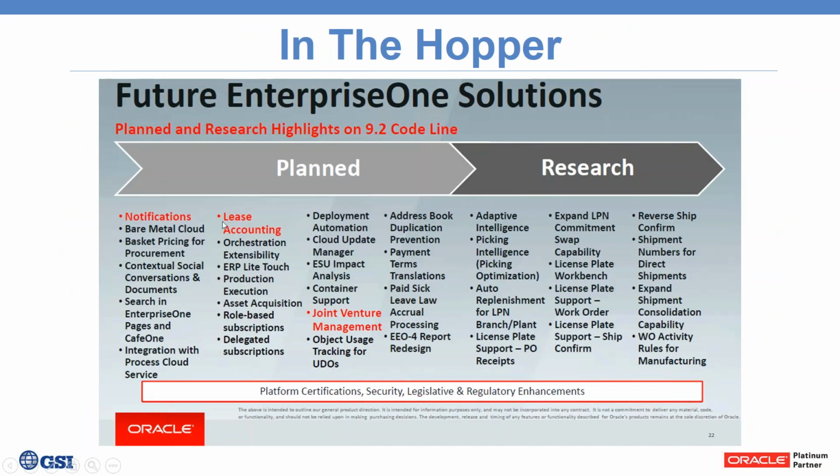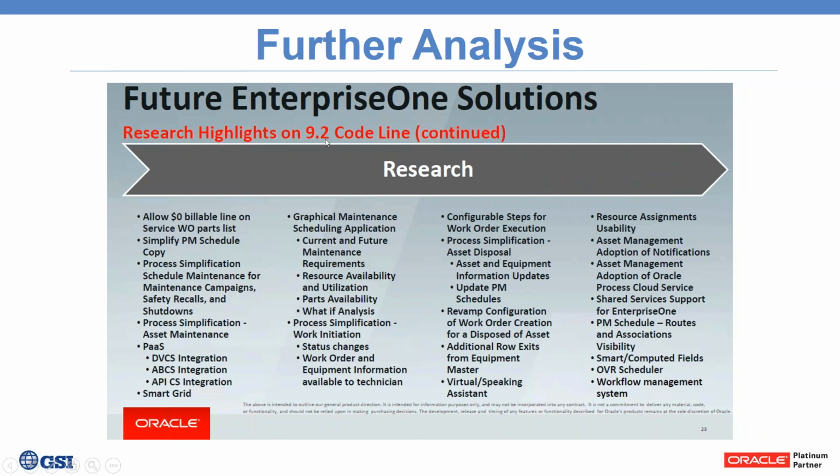So it's important for you, if you look at all of these things, not only are all of the ones that say planned happening, the majority of the ones that say in research will happen as well. So you can see that if you get to release 9.2, it's important to get to that release level. Because if you're on release 9.2, you're going to be able to get all of these things.